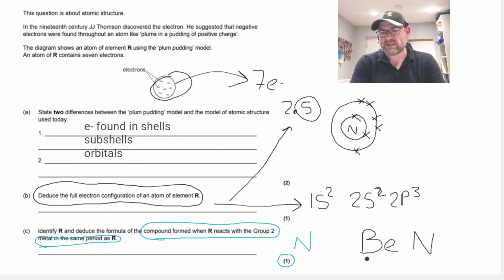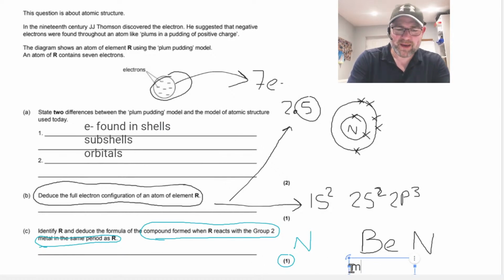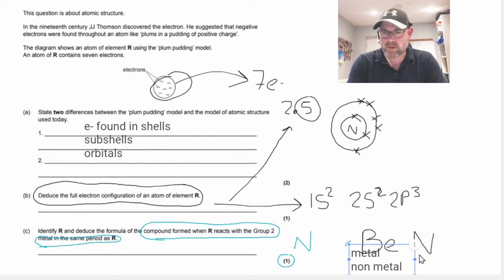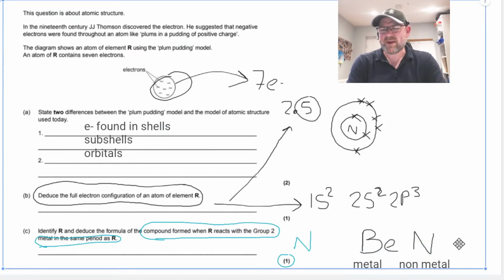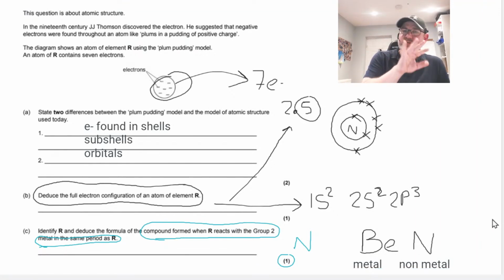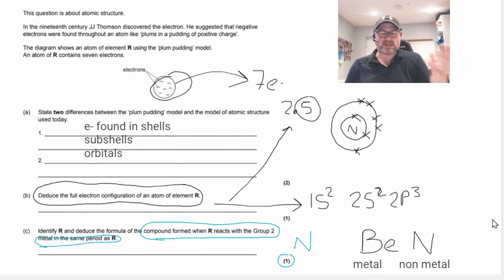Do you remember from GCSE, if you've got metal and non-metal, is it going to be covalent or ionic? Yeah, it's going to be ionic. Now, we didn't really need to know that, but it's okay to know that. Then we always write the metal first, then the non-metal. Yeah, that's right, Zainab, ionic, metal and non-metal.